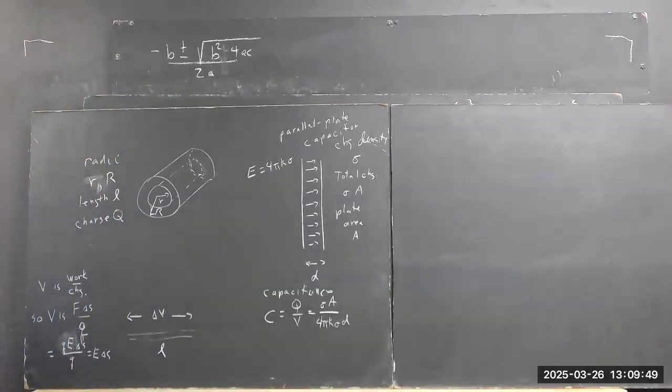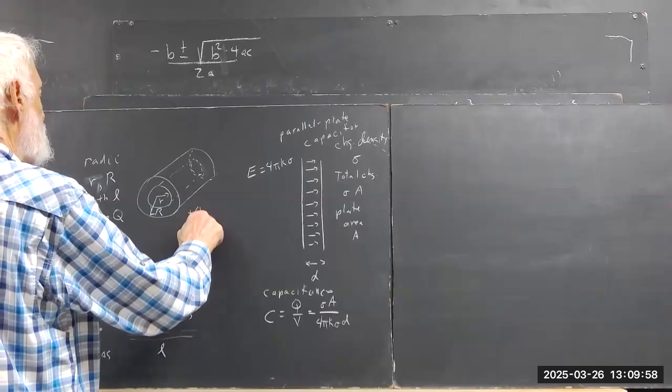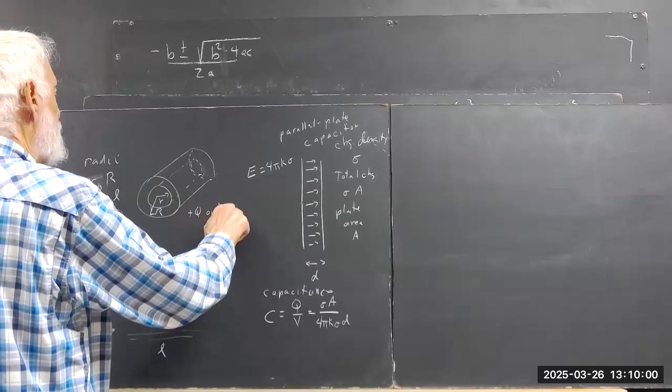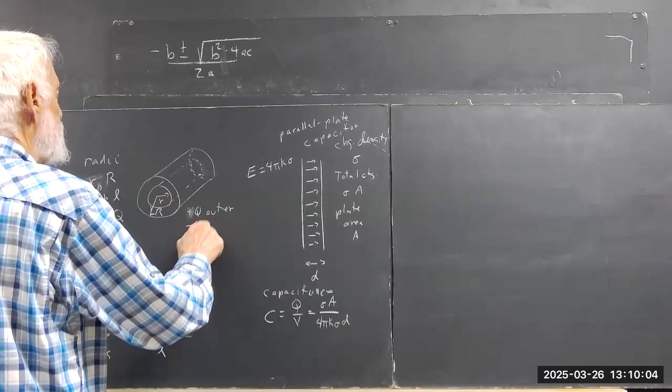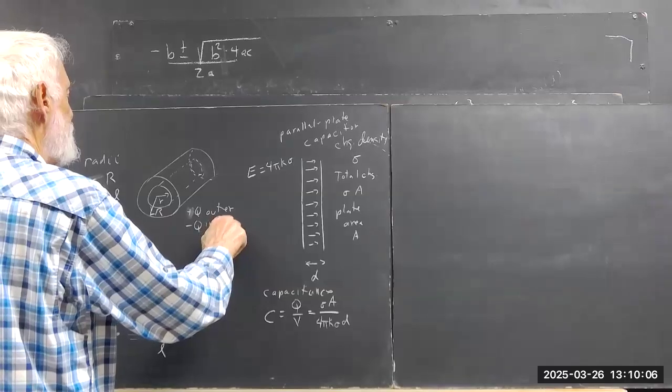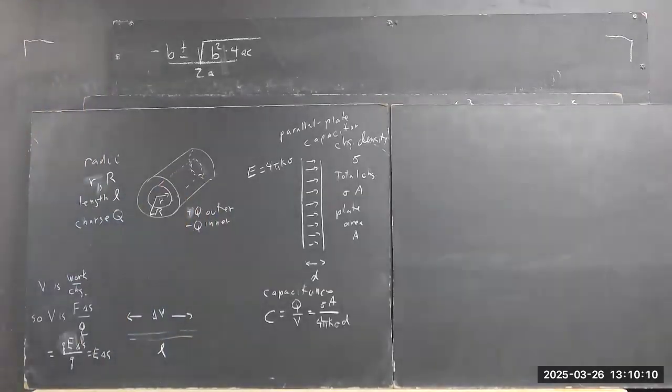Let's say we've separated charge Q, meaning we have plus Q on the outer and minus Q on the inner.